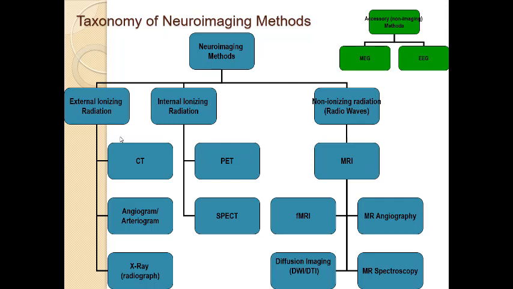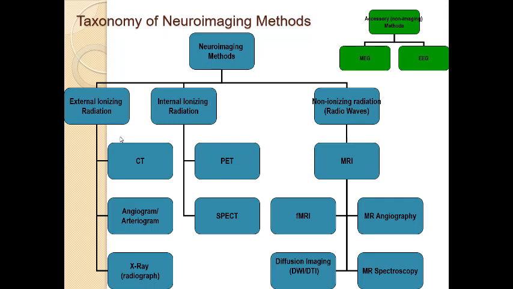Right? These are most commonly done through X-rays. Right? Internal ionizing radiation is where we actually inject the person with something that is radioactive, and we're looking for the radiation that is coming out of the body, and that has some very specific and fascinating imaging applications.